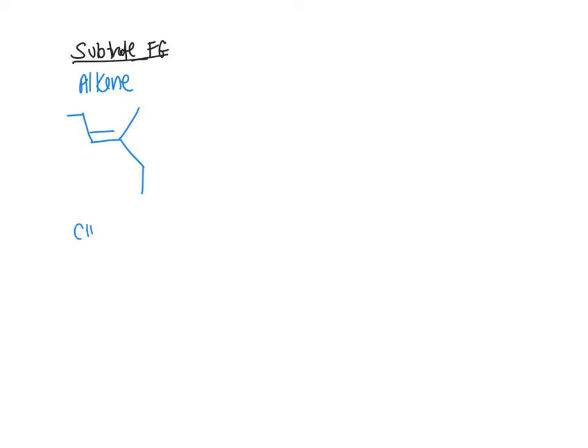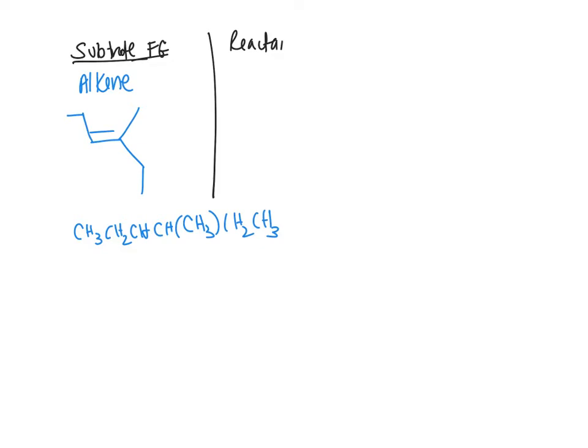So this would be CH3, CH2, CH, CH, CH3, CH2, CH3. Okay, so that would be the condensed formula. Reactants, and solvents, conditions. Okay, so the different reactions are going to be different.